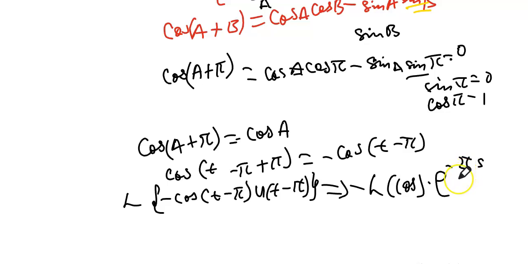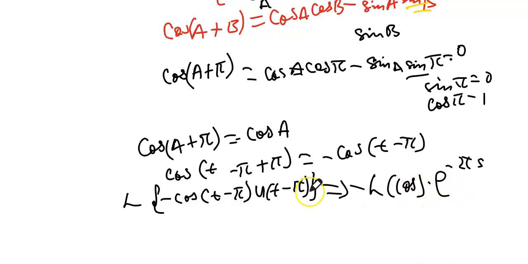Remember, I gave you this formula in terms of the cosine rule, and from a given translation. Yes, that is the second translation. Exponent negative pi s. So this can give you the final.